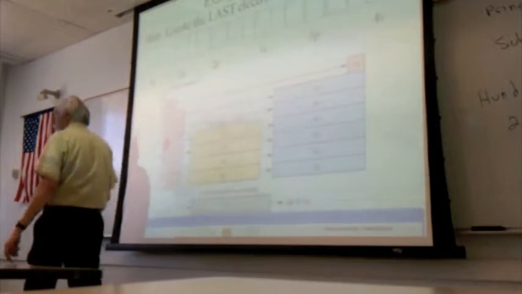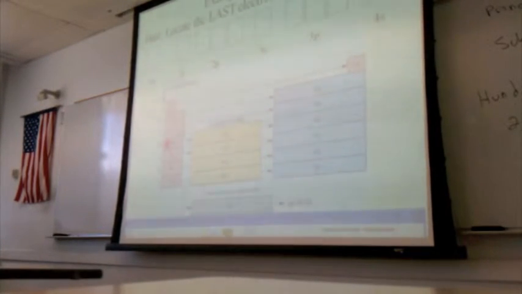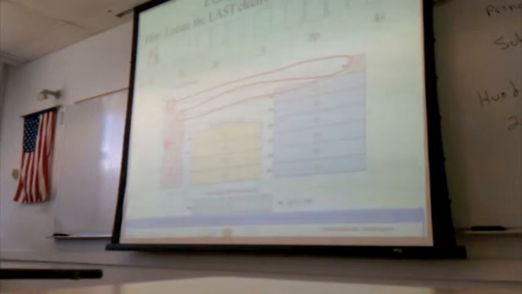If you want to do the long way, we've got to fill all these up, right? We're going to start all the way across from here and go all the way down, back and forth. 2s, 2p, 3s, and then 3p.